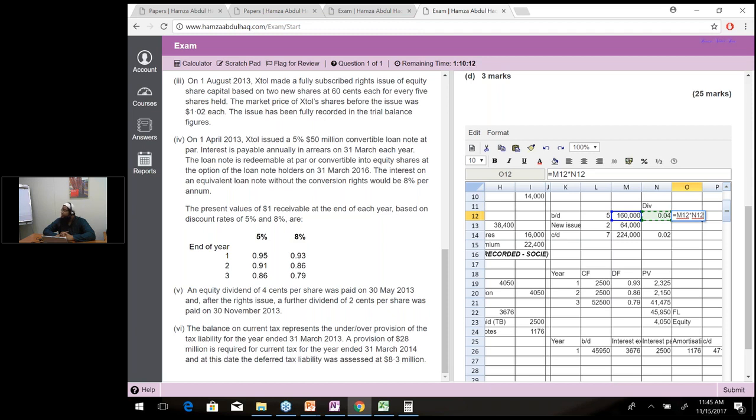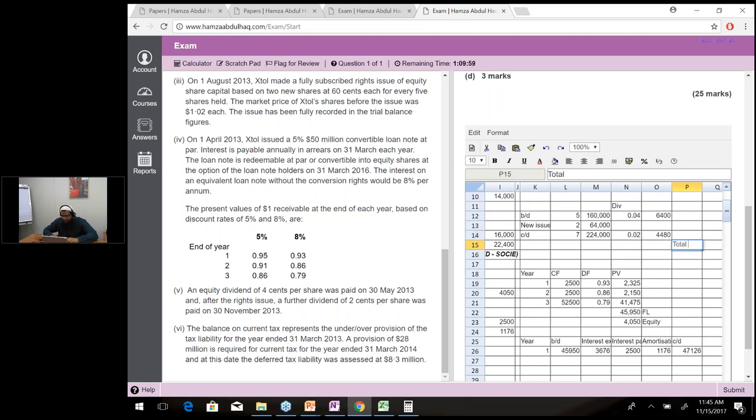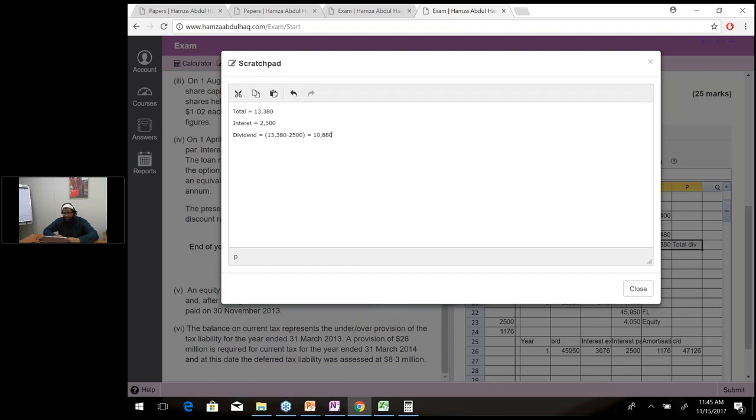Okay, Smitha wants to take the snapshot. Just a while, Smitha. So 224,000 into 0.02 will give us 4480. So if I calculate the total dividend, this is going to be 6400 plus 4480, and we have got the same dividend 10880 that we have also calculated from the trial balance.